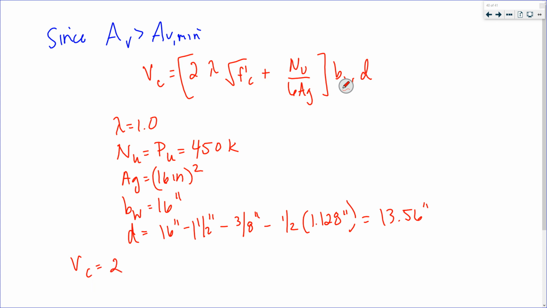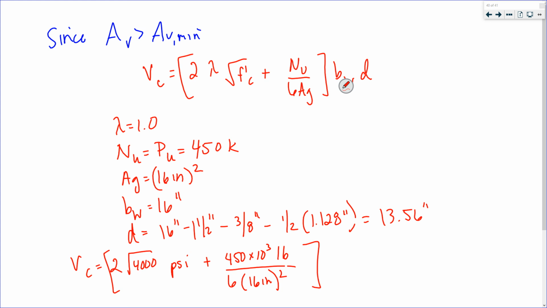VC is 2 square root 4,000 psi plus 450 times 10 to the 3rd pounds, because we want pounds and pounds, over 6 times 16 inches squared. Oopsies. 16 inches squared.